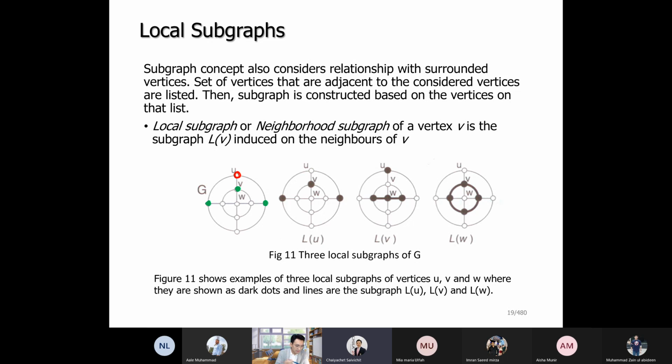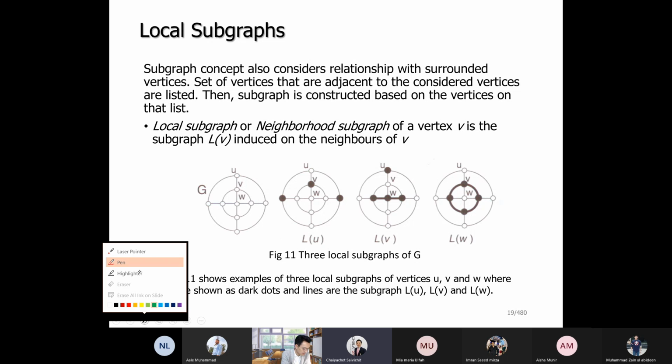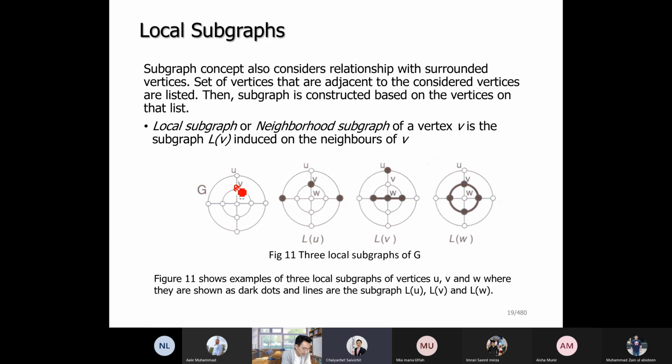Look at LV. We have V here. What is adjacent to V? Adjacent to V is this one, this one, this one, and this one. According to these four green nodes, what is the subgraph induced from this?